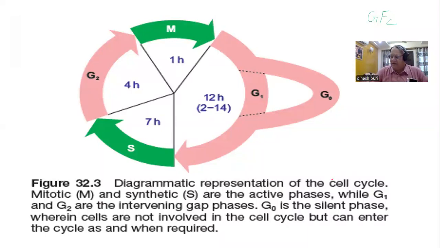Now, for example, a single mitotic division, what we had shown, comprises 4 major phases. And these phases are based on biochemical changes, not on cytological changes.